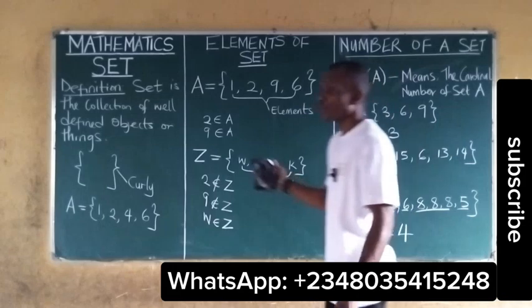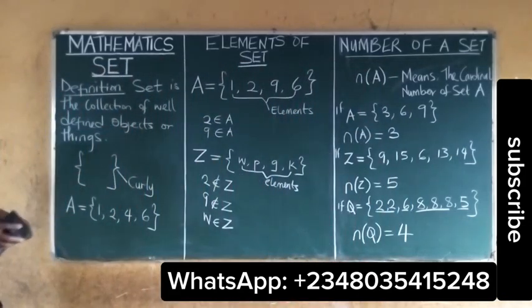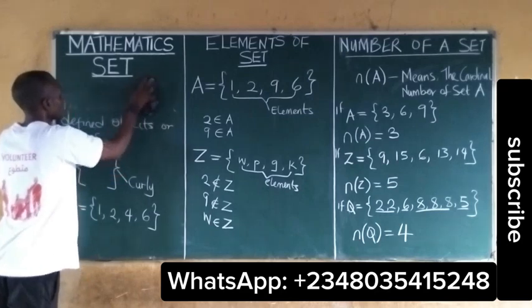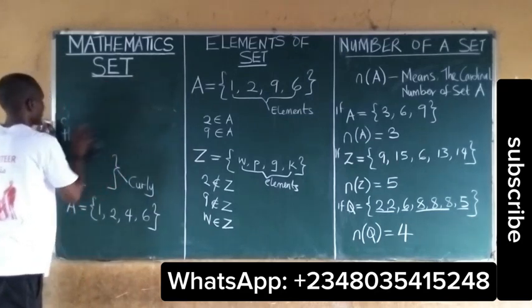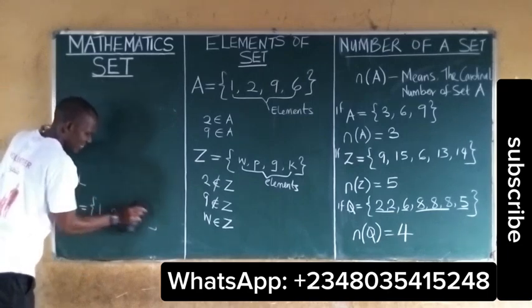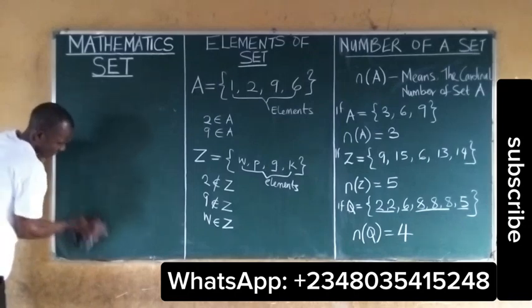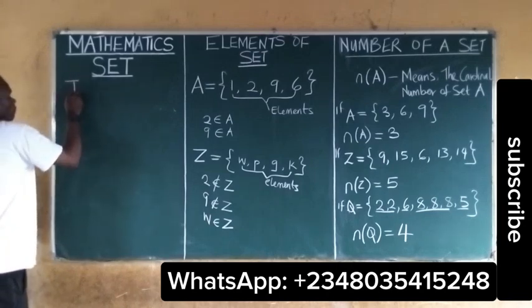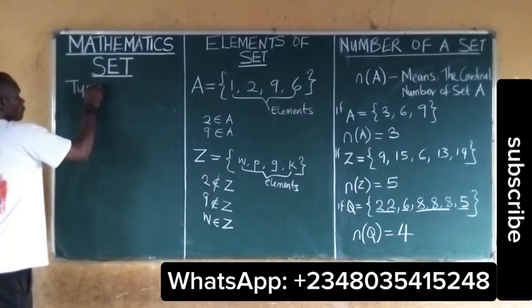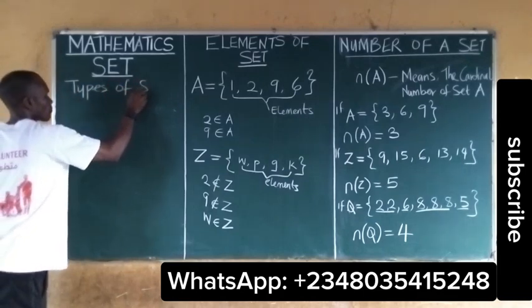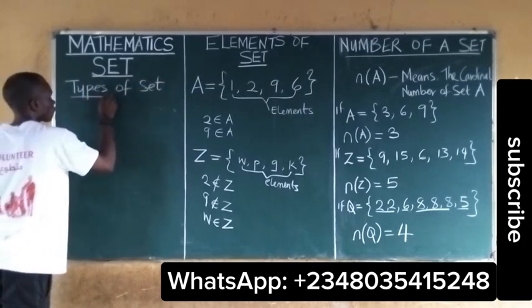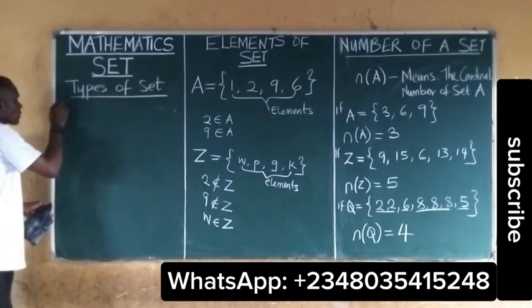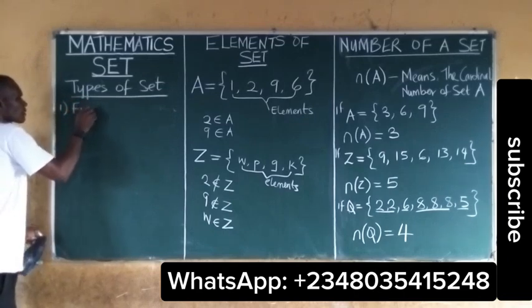This will now bring us to the types of sets. There are majorly different types of sets. One, we have the finite sets.